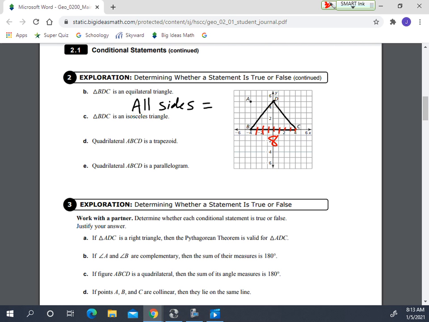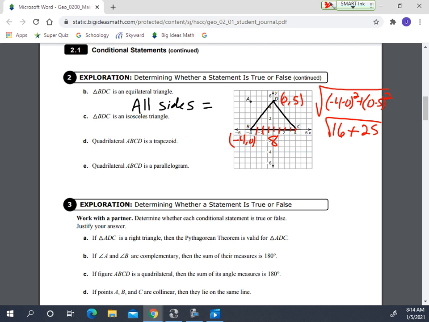I'm going to use a distance formula here. We have a point at (0, 5). Then we have a point at (-4, 0). Okay, distance formula. I'm going to take -4 minus 0, square it, plus 0 minus 5 and square it. So I have 16 plus 25. What's the square root of 16 plus 25?